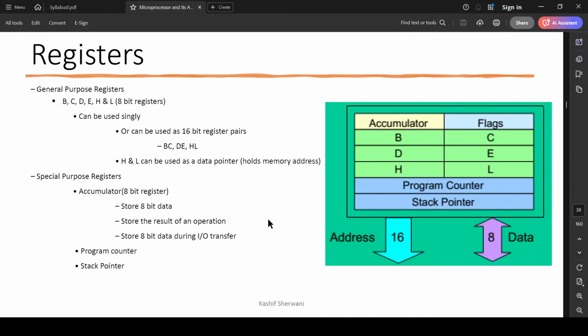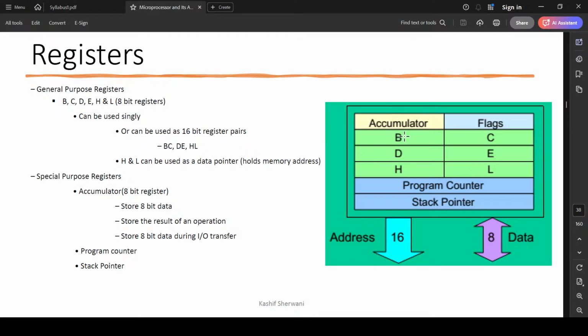Okay, we were understanding these register types. We have two types of registers. If you are from an engineering background and you have an exam, you would be cooked. So let's study. General purpose registers are these six. We can use B and C together if the number or the memory you have to store is 16-bit.